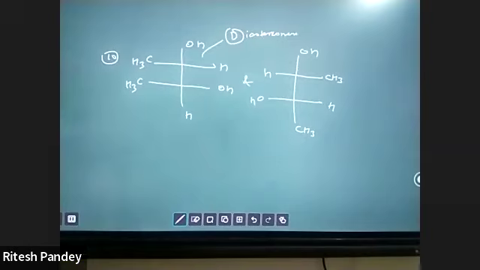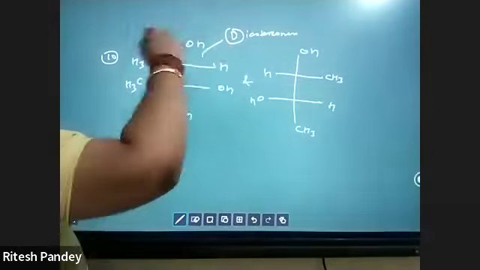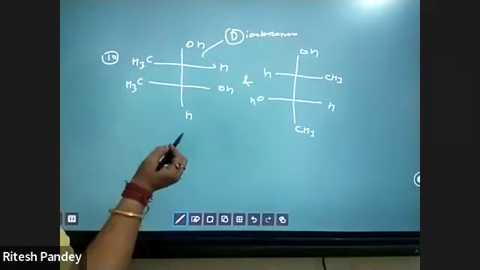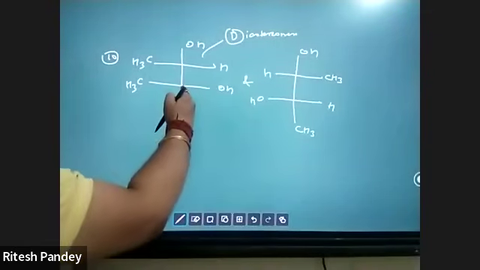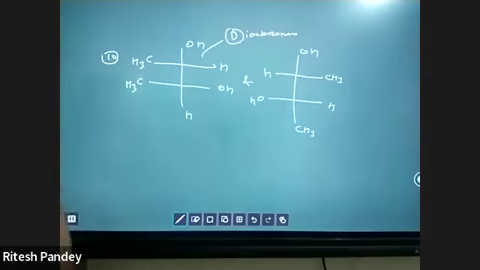From my experience, anybody who would want to pitch in, please tell me. Two things. One, no matter how hard you try, with all the rules I've told you to play with the Fisher projections, you'll neither be able to convert this to this or its mirror image.